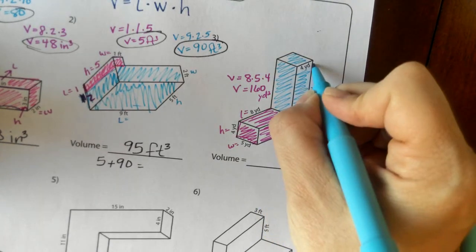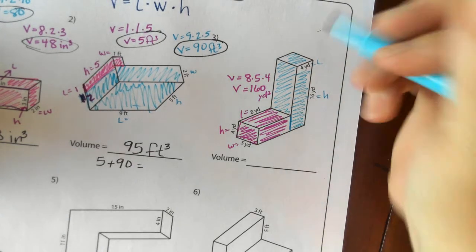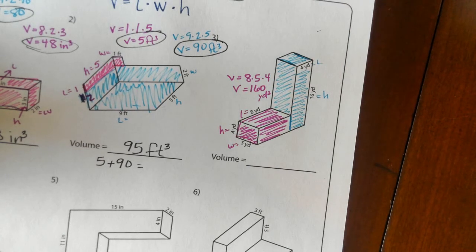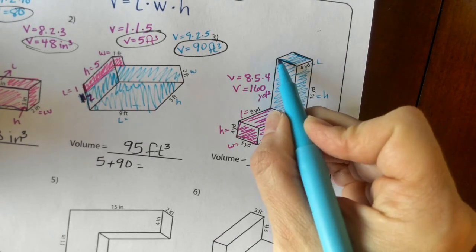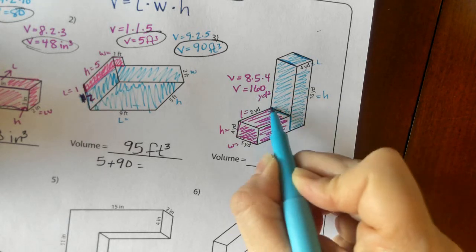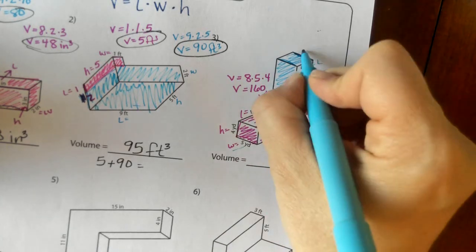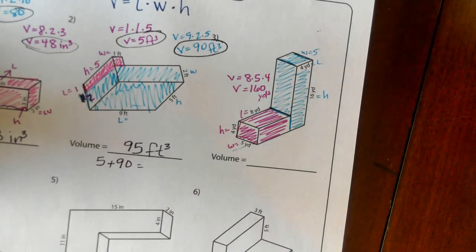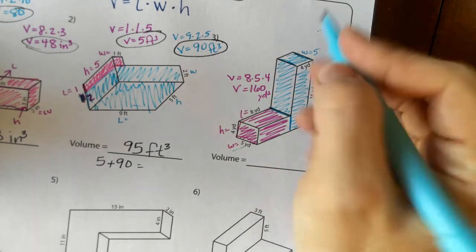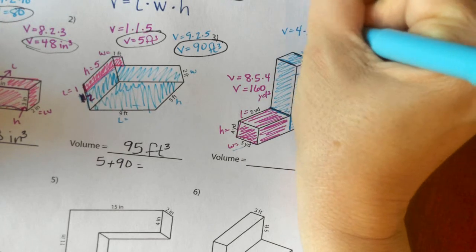We can see the length is 4. But we need to figure out how wide this shape is. Again, we can see that both of these shapes are the same width. So if my pink is 5, the blue is also going to be 5 because they share that common measurement. So the volume is length times width times height.